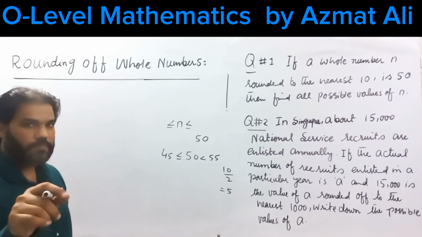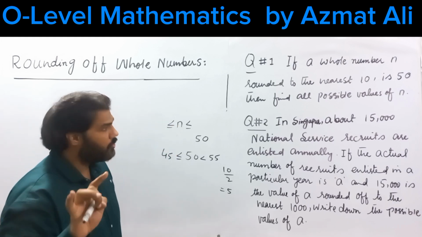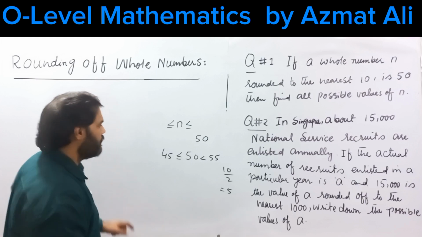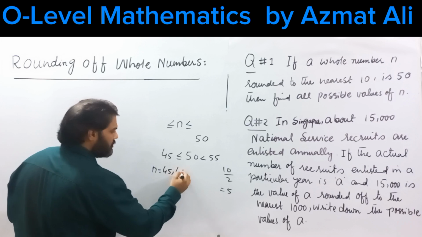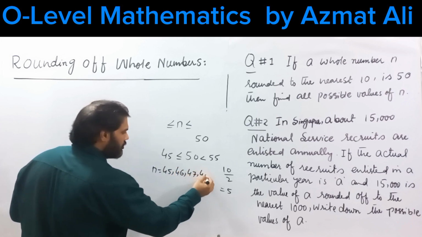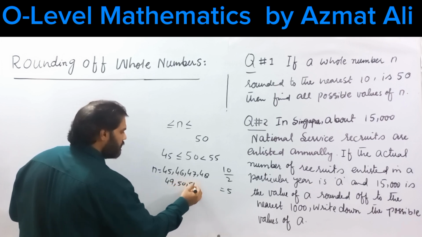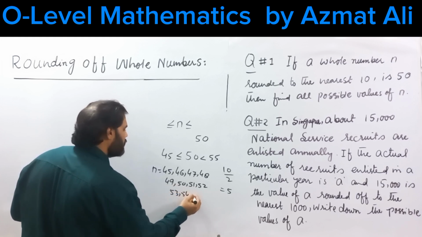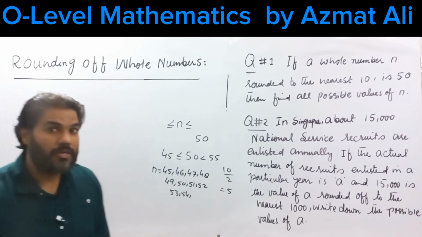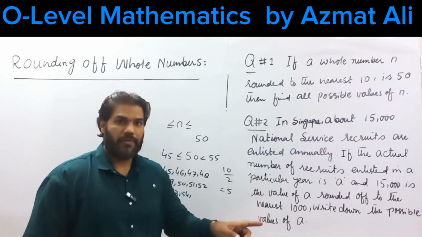So all the possible values of n whose rounded value correct to the nearest 10 is 50 are 45 included, 46, 47, 48, 49, 50, 51, 52, 53, 54. 55 will not be included because the rounded value of 55 to the nearest 10 is 60.